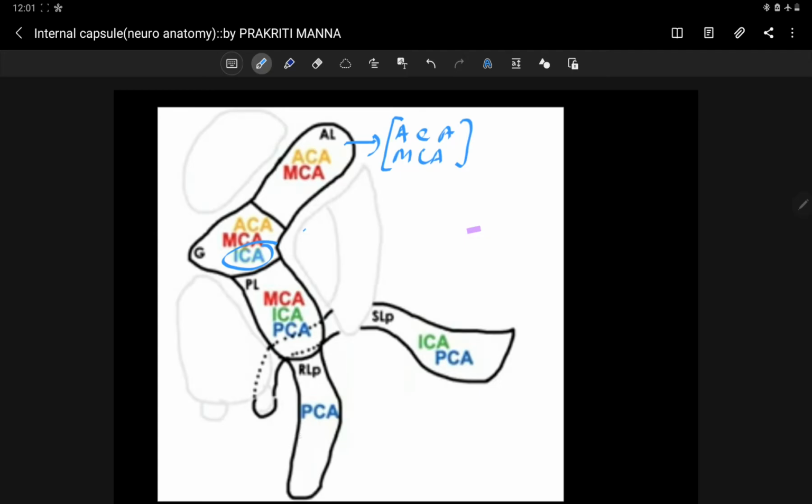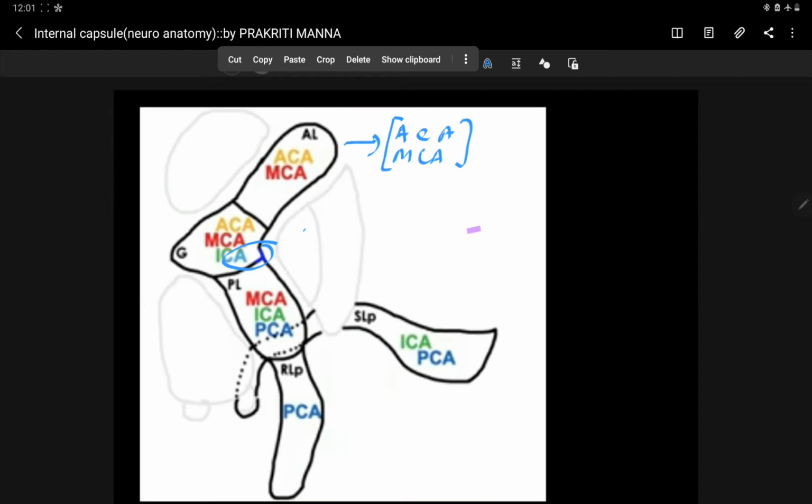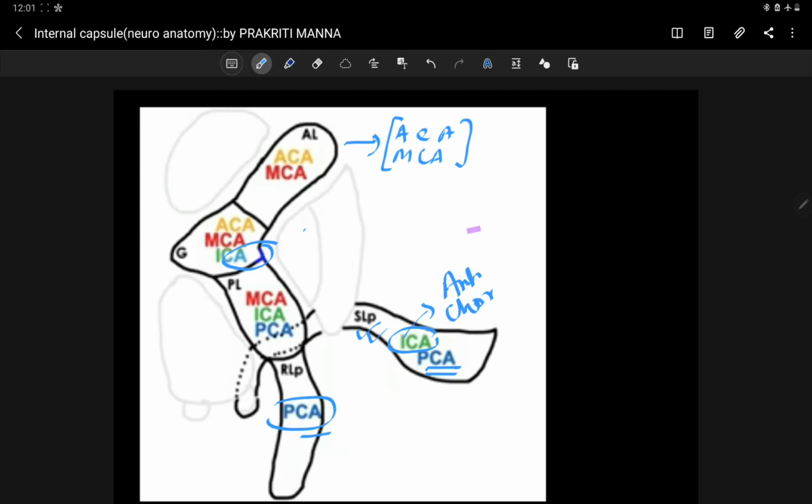Now start from the retrolentiform part. The retrolentiform part is supplied by your posterior cerebral artery. This posterior cerebral artery is also common in the sublentiform part, along with another branch coming from the internal carotid artery. This is your anterior choroidal artery, which also forms the choroid plexus.